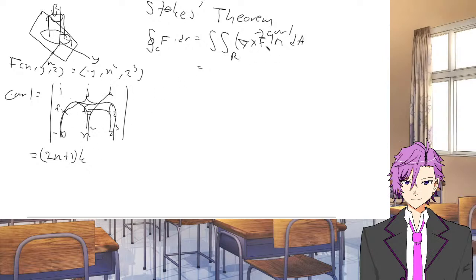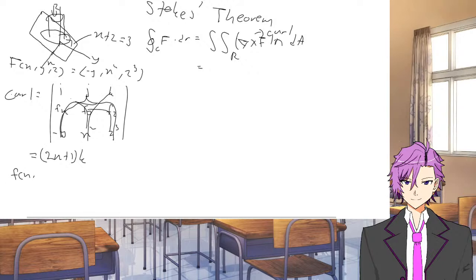So okay, curl with the dot product of the normal vector. And then this plane is actually x plus z equals 3. So if we want to find the normal vector, we need to do the partial derivative.